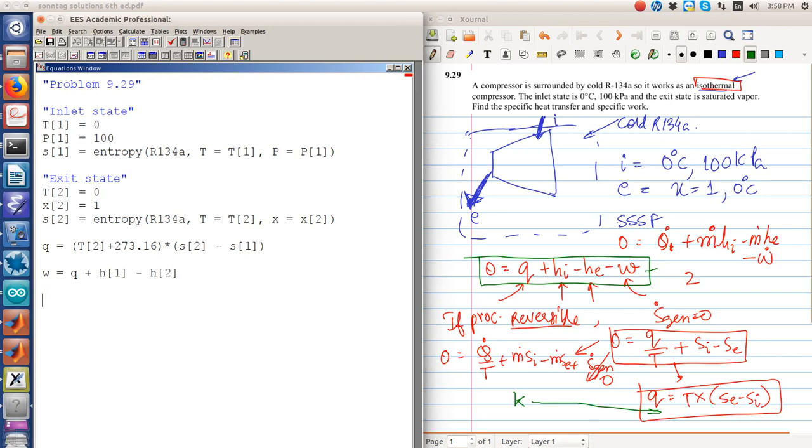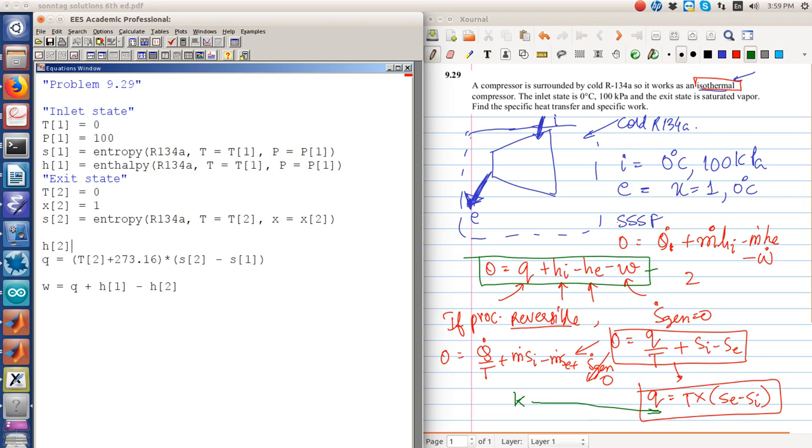So we have to write down the expressions for h1. It is the same state, we copy this, and h2 is equal to the enthalpy of R134A at T equal to T2 and x equal to x2.